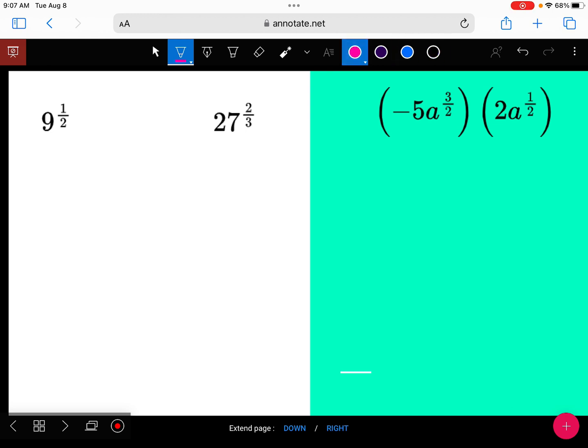So we have our numerator of 1 and our index of 2, which means this becomes the square root of 9 to the first, if all we do is switch around our index. The square root of 9 to the first we can write as square root of 9, which is 3. Ooh, I know that one was a hard one. Sorry, I sarcasm a lot.